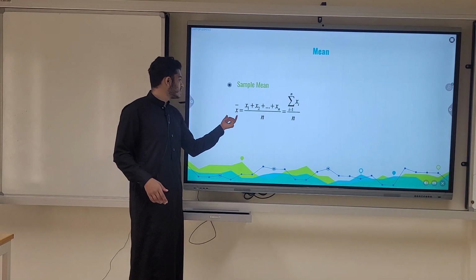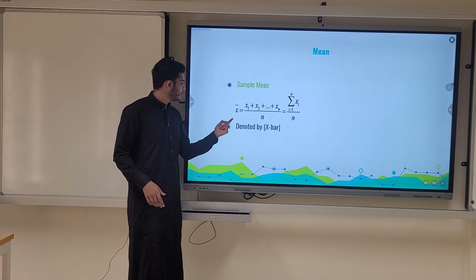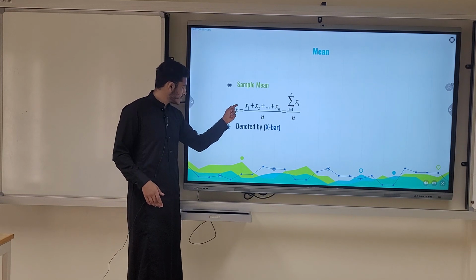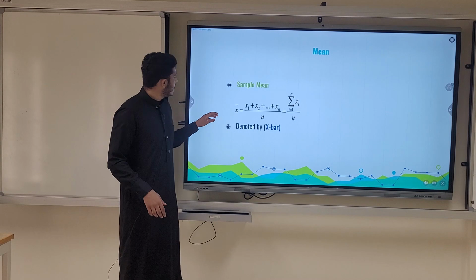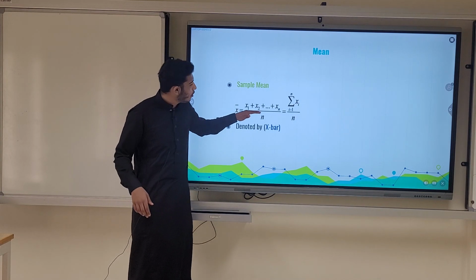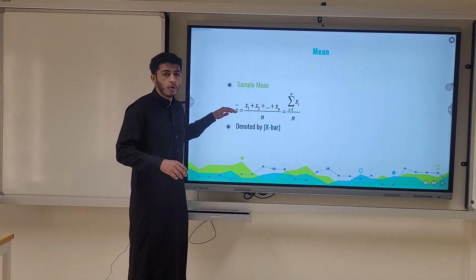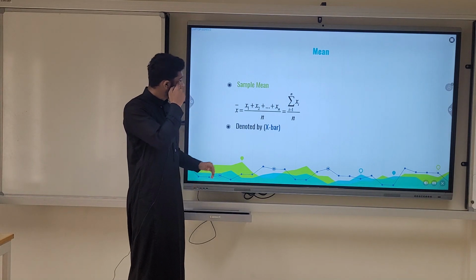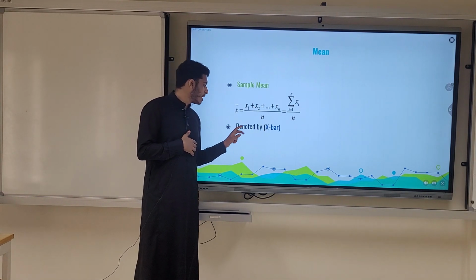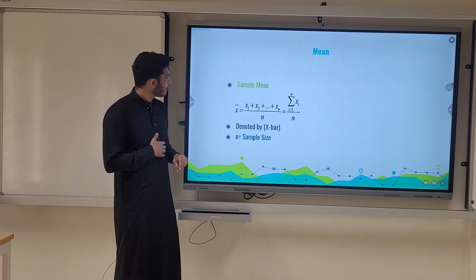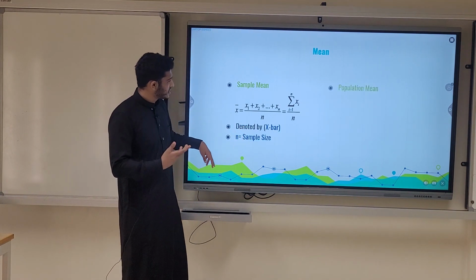The sample mean is denoted by x bar, the x that has a dash on top of it, and it equals the sum of all the values you have in your data divided by the number of data points you have, or what we call the sample size.